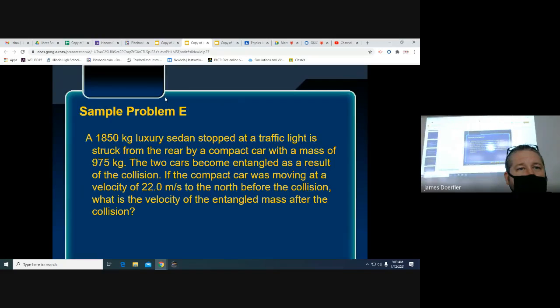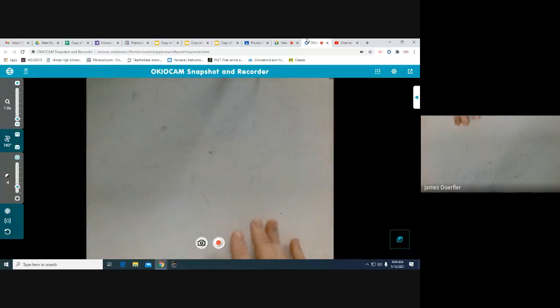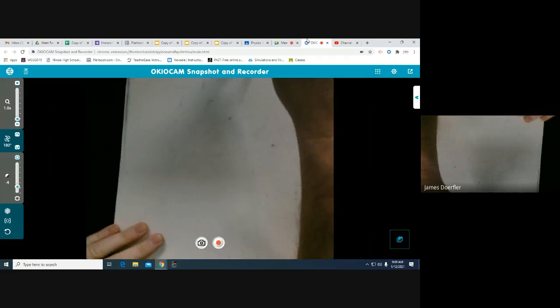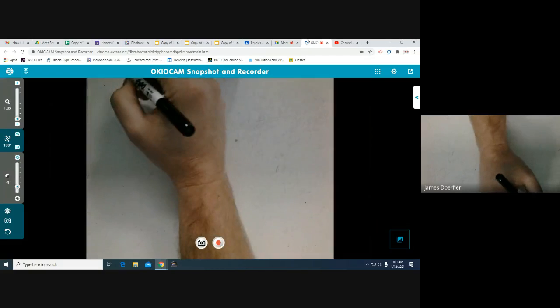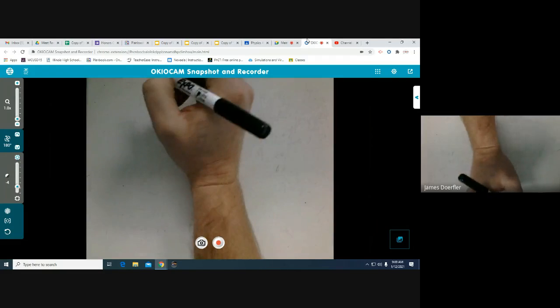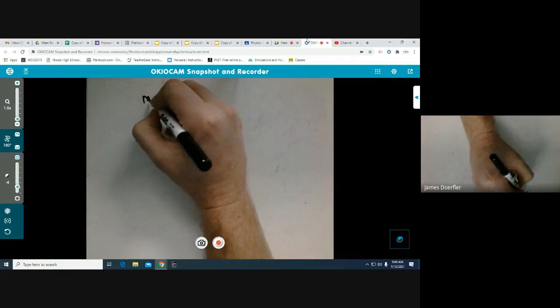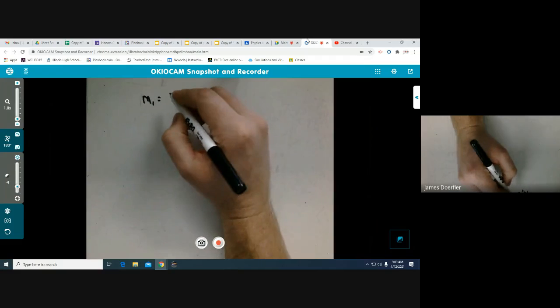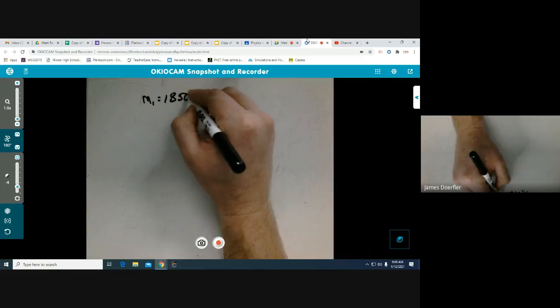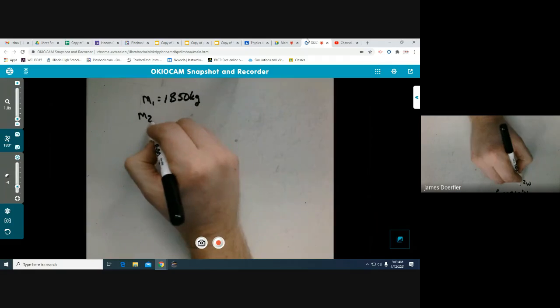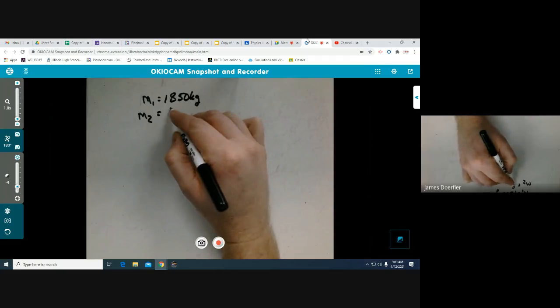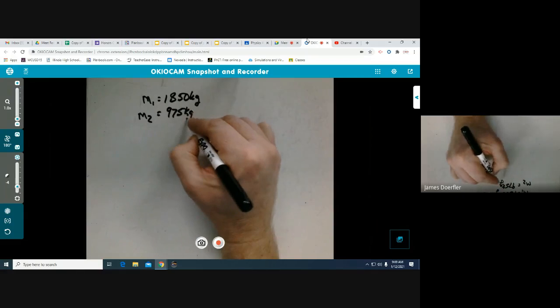Okay, so let's take a look so we can calculate this entangled mass, this scenario that's going on here. All right, so again, let's list what we know. We know that the luxury car, which we're just going to call m1, has a mass of 1,850 kilograms. We know that the mass of the compact car, 975 kilograms.